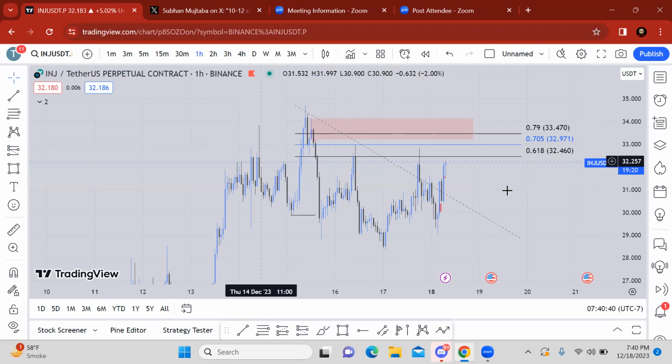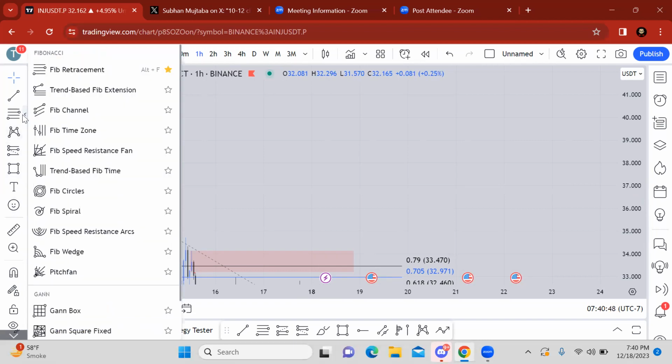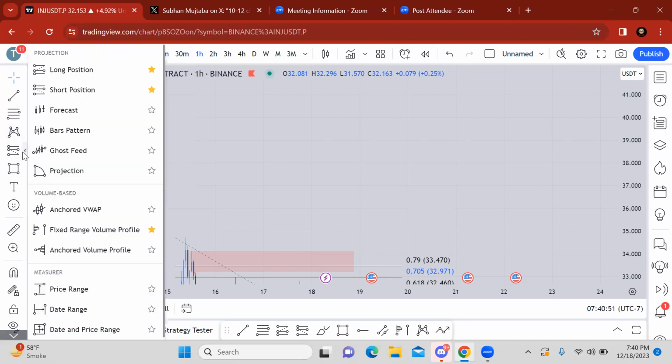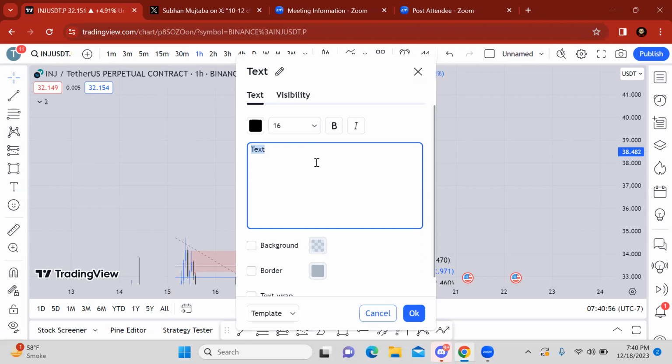Before entering any trade, there are three rules. Three thumb rules. You have to be vigilant about these three thumb rules. Where is the text? Here it is. Three rules. First, you should know what's your entry and why.